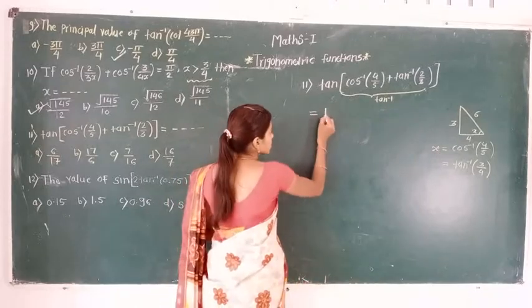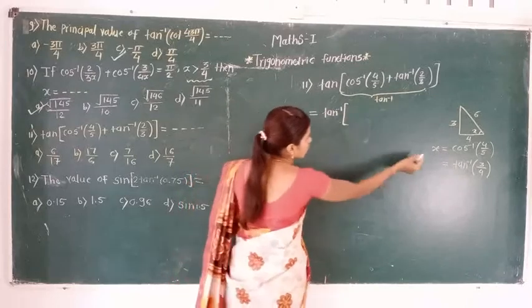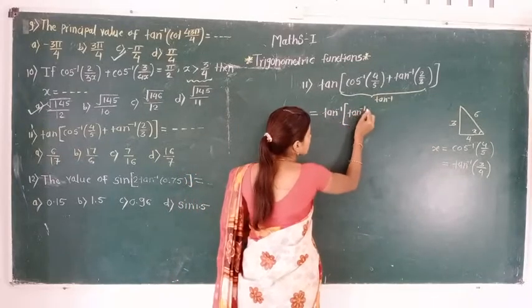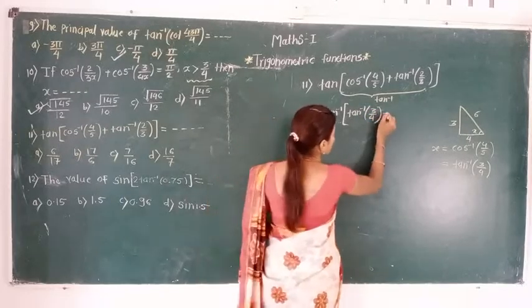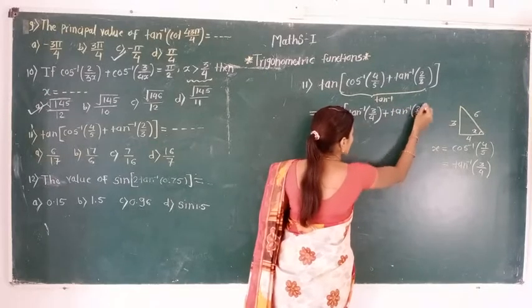We can write tan inverse in bracket, the value of cos inverse 4 by 5 is tan inverse 3 by 4, plus take tan inverse 2 by 3 as it is.